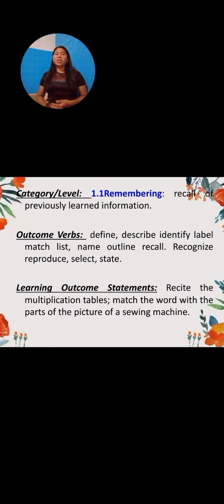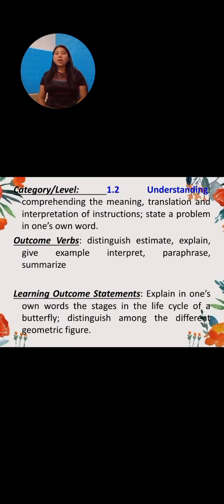sewing machine. Next is the category of understanding. It is comprehending the meaning, translation, and interpretation of instructions, and stating a problem in one's own words. It is determining the meaning of instructional messages, including oral, written, and graphic communication.